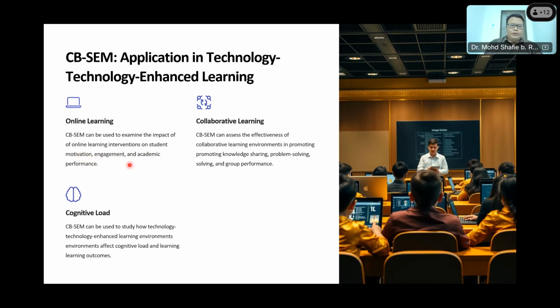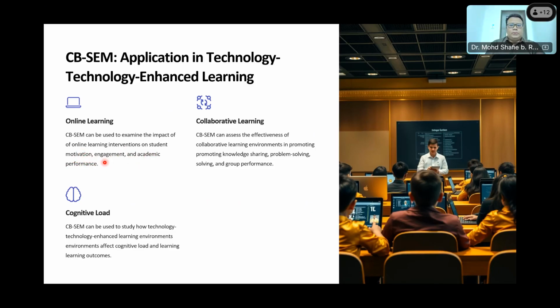After using the online system for, say, 6 months, you collect data again using the same questionnaire, and see if there's any impact on academic performance from the perspective of motivation and engagement.